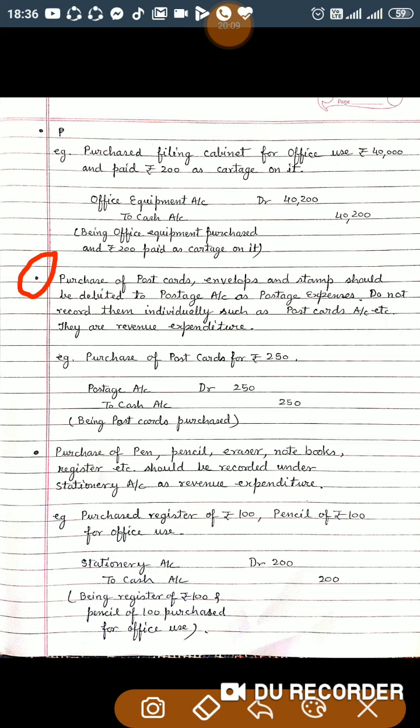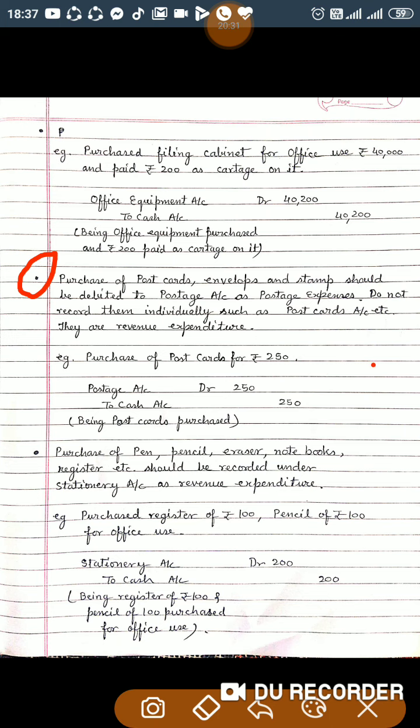They are postal related expenses. They are put under one heading, that is postage expenses or postal charges. So whenever you are purchasing postcards, envelopes and stamps, it should be debited to postage account or postal charges account.